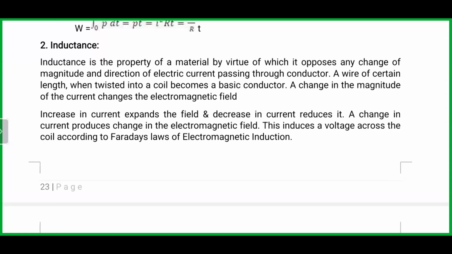The same way, by placing a resistor, we can change all that current into heat energy. When we place an inductor, we can change all that current into magnetic field, and that becomes its inductance.